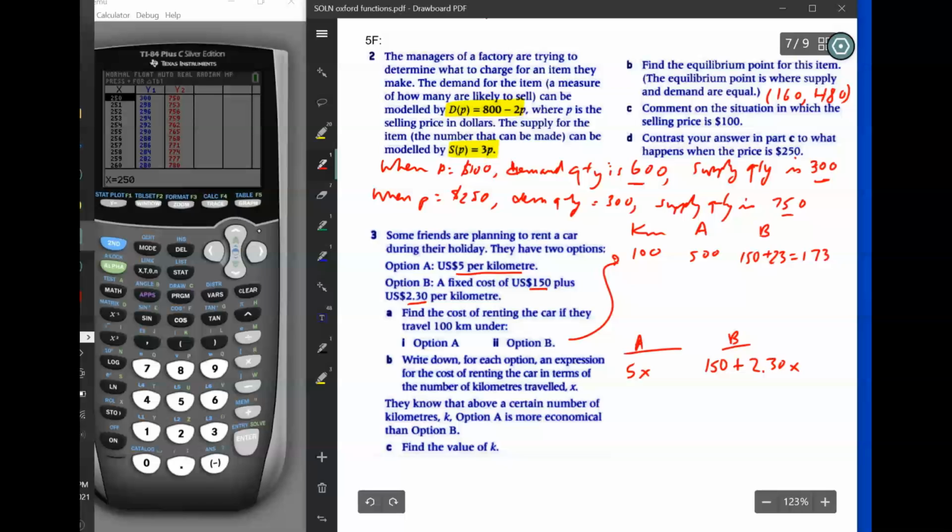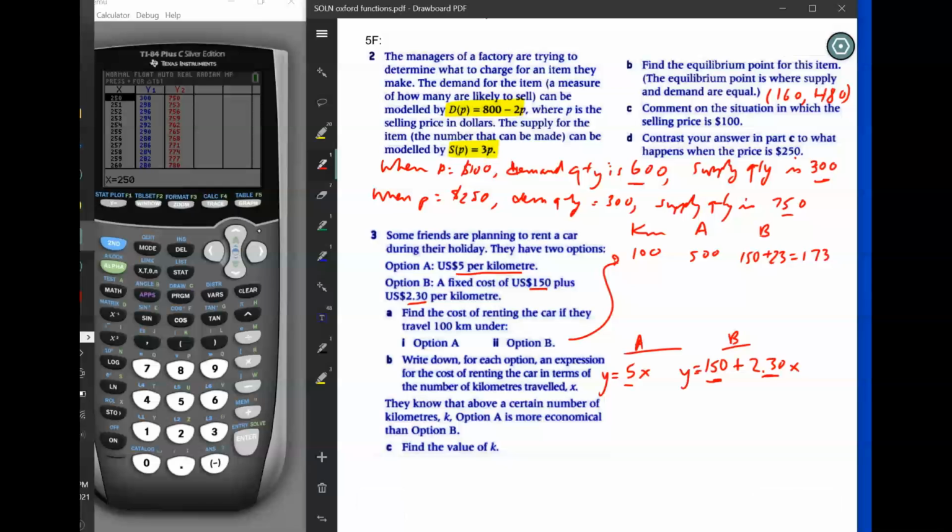This may remind you of the investigation we did for lines, where we talked about the different options for bowling alleys and how they charge money. There's an initial fee and then a per person cost or per kilometer cost. So for A, it's y equals 5x, and for B, it's y equals 150 plus 2.30x.